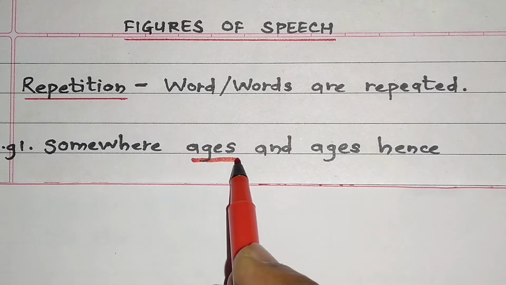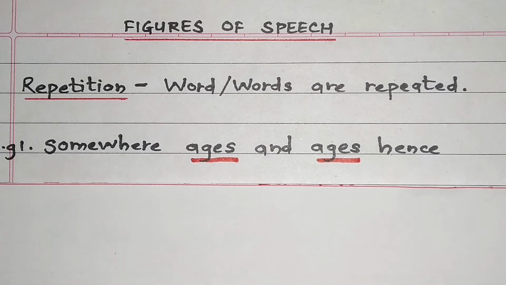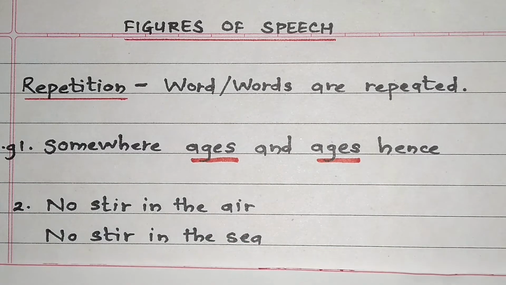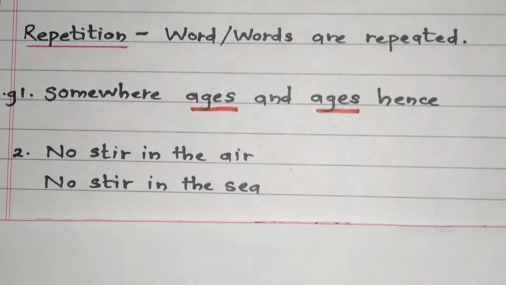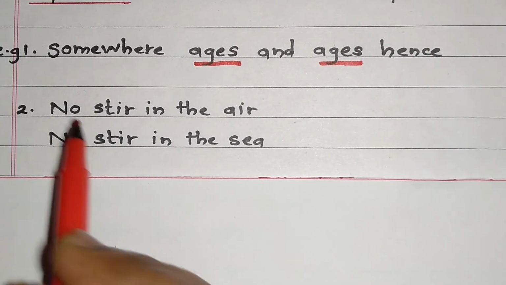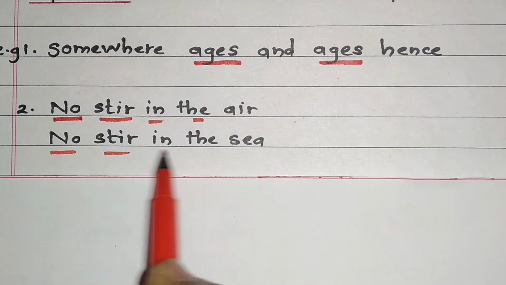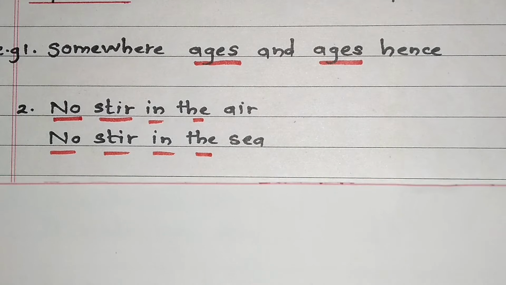Have you noticed the word ages is repeated for poetic effect? Next, no stir in the air, no stir in the sea. Here friends, more than one word, that is almost 4 words, no stir in the, are repeated for better poetic effect.